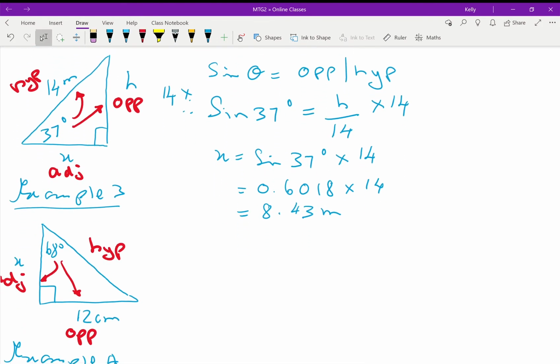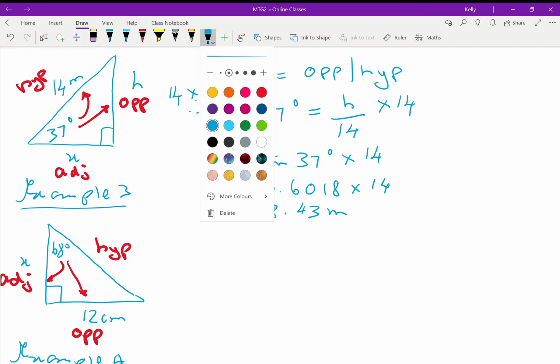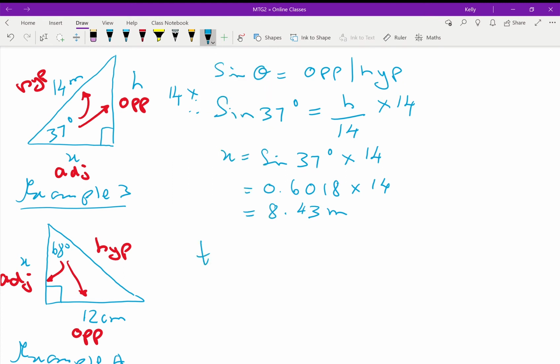Alright, so let's have a look at this one. The next one, I've got the adjacent side and the opposite side, so this one's going to come under a tan. Tan is opposite over adjacent. So tan of theta is equal to my opposite divided by my adjacent side.